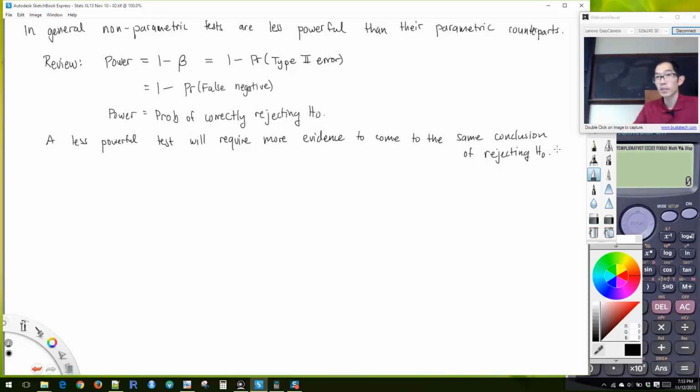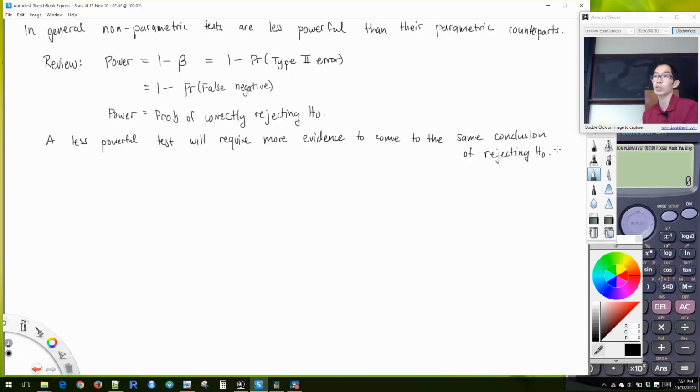Okay, and if we think about it, it kind of makes sense, because what we are doing is making fewer assumptions about the population, right? So in a parametric test, we make assumptions about the population, and based on those assumptions, we're making our conclusions, okay?